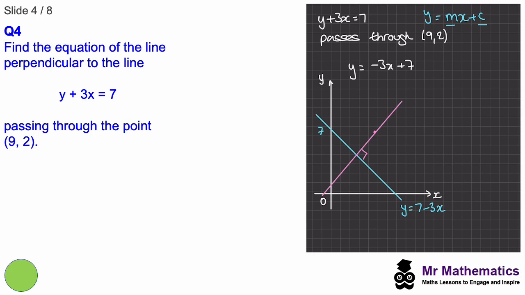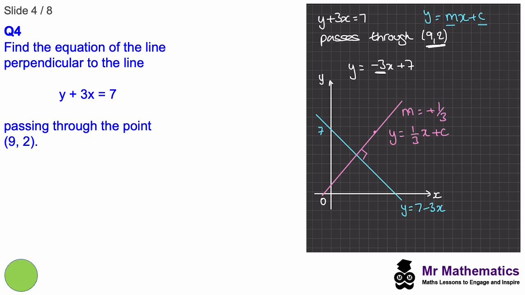We know the gradient will be the negative reciprocal of negative 3. And this gradient will have an m value of positive 1/3. So we have y is equal to 1/3 of x plus the intercept. And we can find the intercept using this x and y value here.